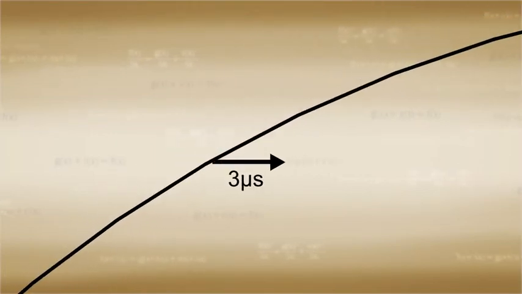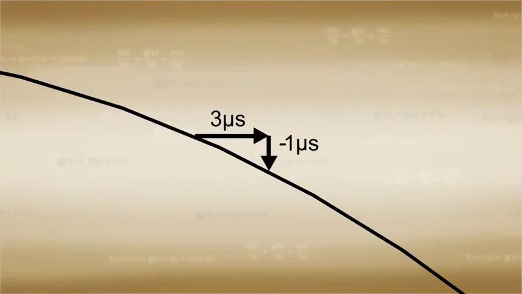Say 3 microseconds in our time is 1 microsecond in world time, or even negative 1 microsecond in world time, if the world has started to move backwards in time. This relationship is in a sense described by the derivative function. So what we are saying is that at every point in our time, the derivative of the time-changing function will describe how fast the world time is going.